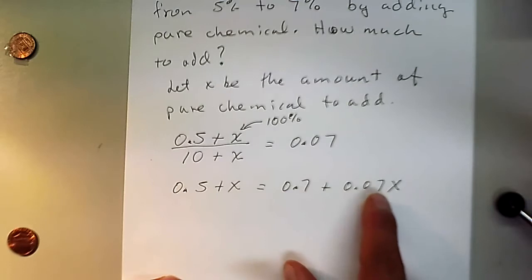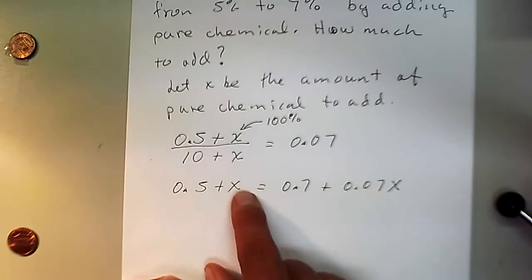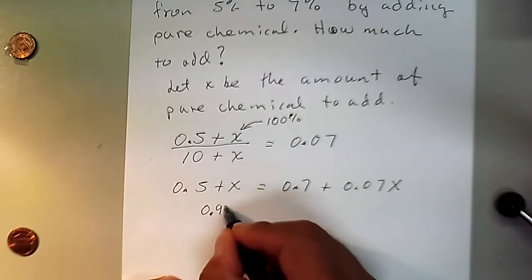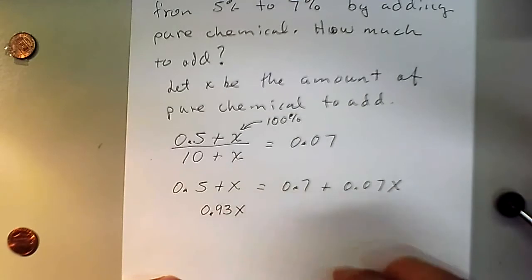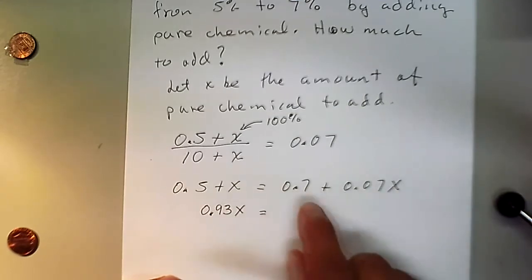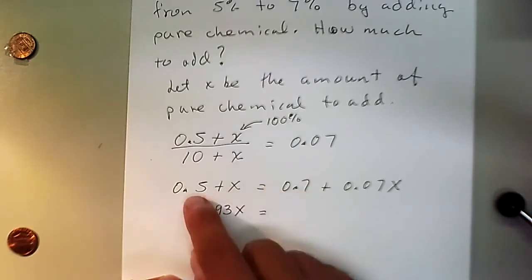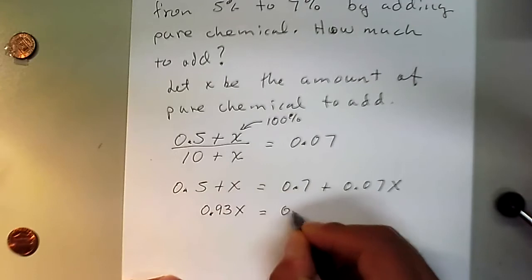So we want to subtract this guy from this guy. And we're going to have 0.93x equals, and then 0.7 minus 0.5 is 0.2.